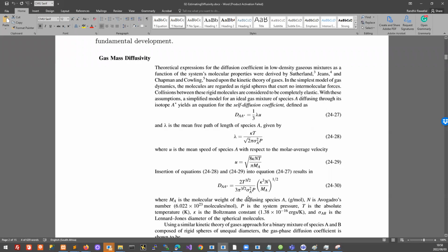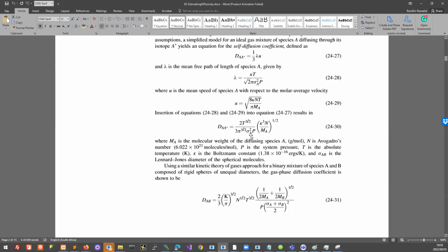And then you have some other values that relate more to the molecules and how they interact. When we talk about diffusion, it's always about some molecule moving against some other molecules.